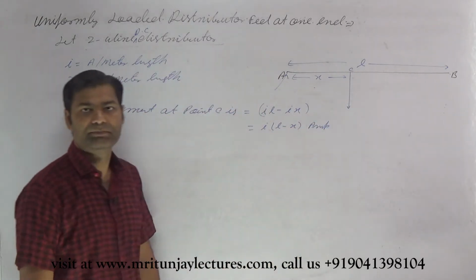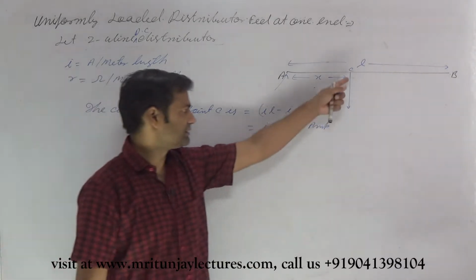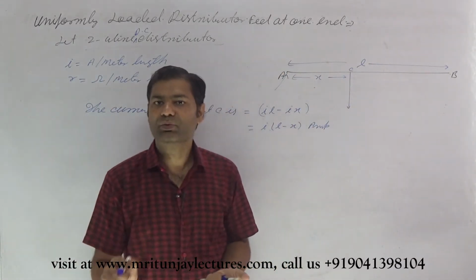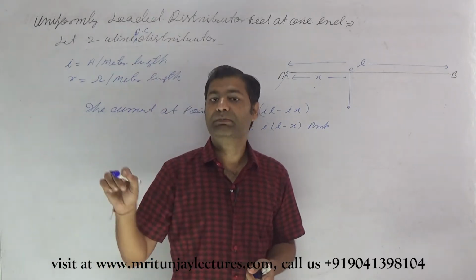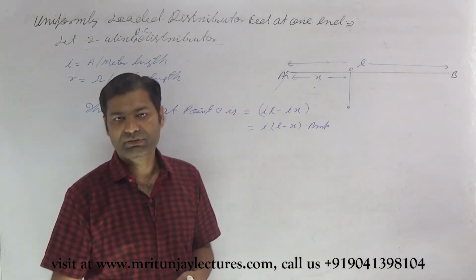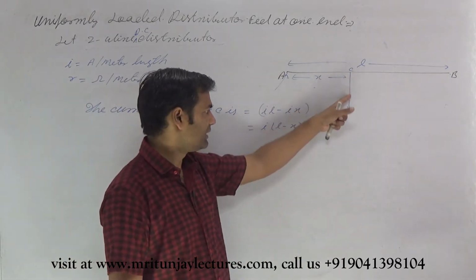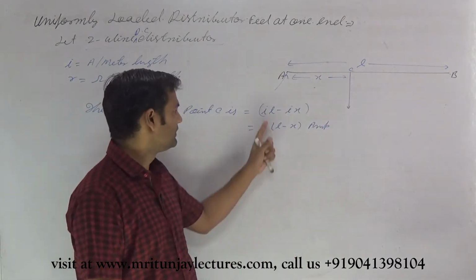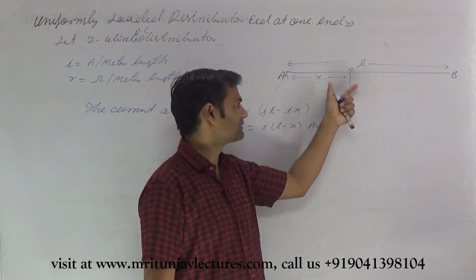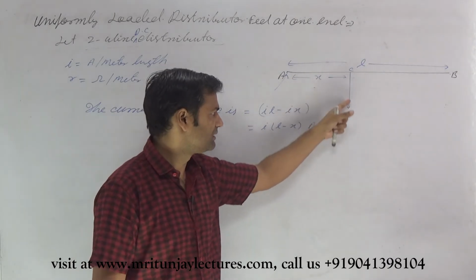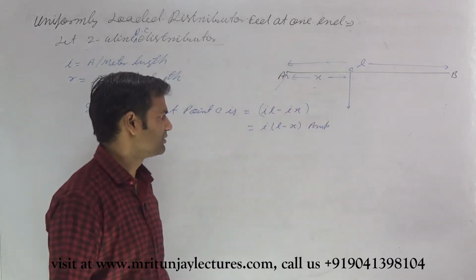What about current in this section? The total current is L into I, because current is ampere per meter and resistance is also ohm per meter. So the current in this section is IL minus IX, the total current minus the current in this path, so the net current.